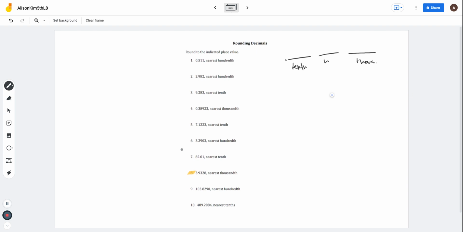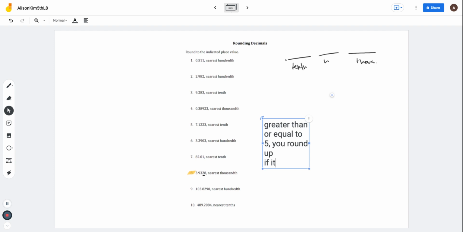It says round 3.9328 to the nearest thousandths. So we're going to look for the third number, which is 2, right? We see that we need to round it, and remember that for rounding, if it's greater than or equal to 5, you round up.